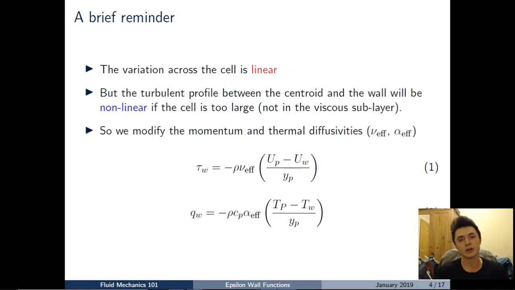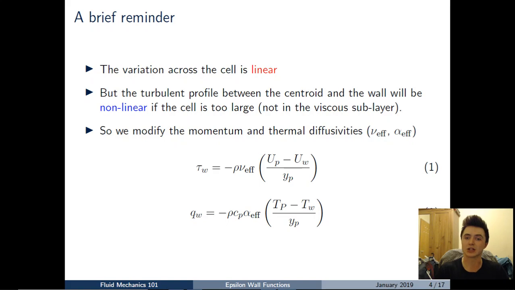Now, in a standard CFD finite volume code, the variation of quantities across cells is linear. And this creates some problems for the wall adjacent cells, because if the cell is too large and we assume that the variation between the wall and the cell centroid is linear, that will often mean that we calculate the gradients wrong, particularly if we have a turbulent flow field where the velocity and temperature gradients at the wall are very large.